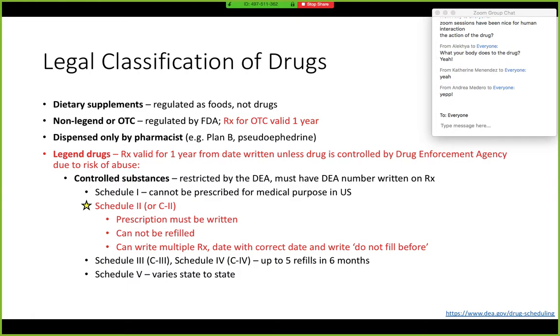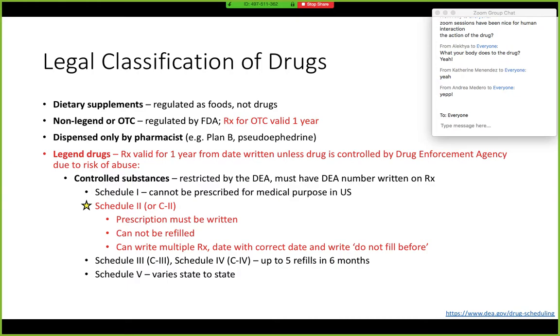So if it's an over-the-counter drug, and say you write that prescription for the patient, that prescription is going to be valid for 1 year from the date you wrote it. So this would be something like Tylenol, ibuprofen, anything that you can get in the pharmacy aisle at Walmart.